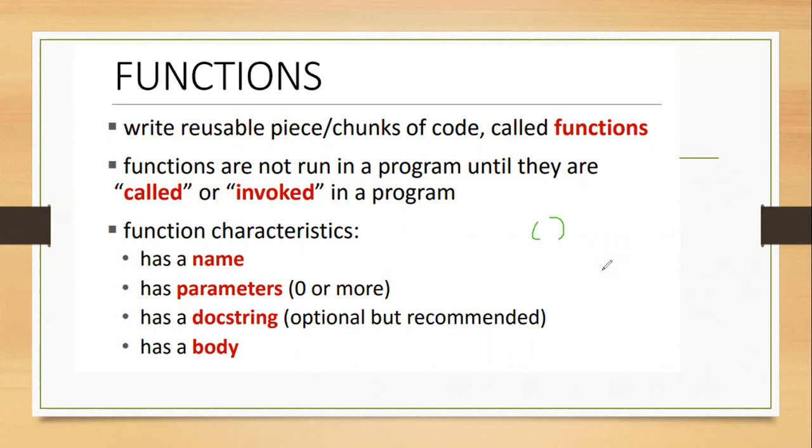Then a docstring, and then the body. So it must have its body. And when we were doing the control structures, the branching and loops, we talked of what a body is. So we need to know what a body is, but then we are saying a function must have a body.